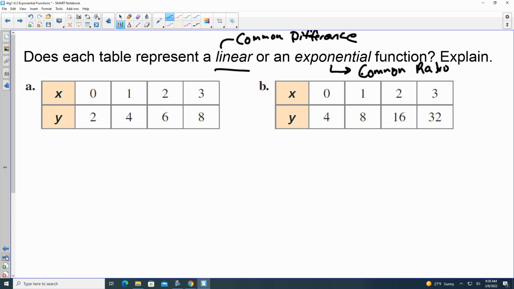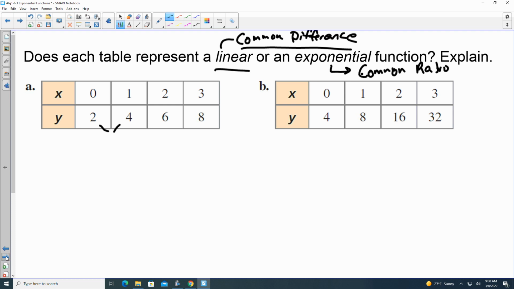So if you look at example A, looking at x, everything looks consistent, so it's 0, 1, 2, 3. For B, it's 0, 1, 2, 3. I'm good with x, everything's consistent with x. What I want to look at is the values for y. So for y, it's 2, 4, 6, and 8. If it has a common difference, that means the subtraction is the same.